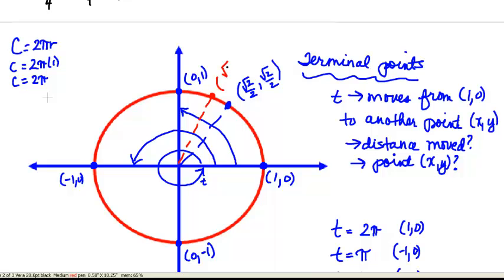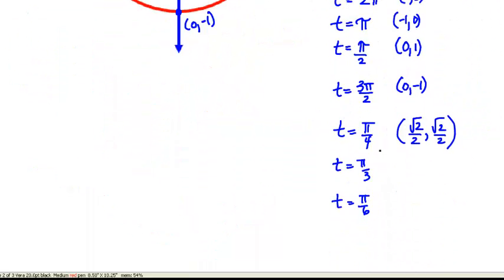And I'm going to just tell you these values. It's going to correspond to the point 1/2, square root of 3 over 2. So for pi over 3, the point is 1/2, square root of 3 over 2.